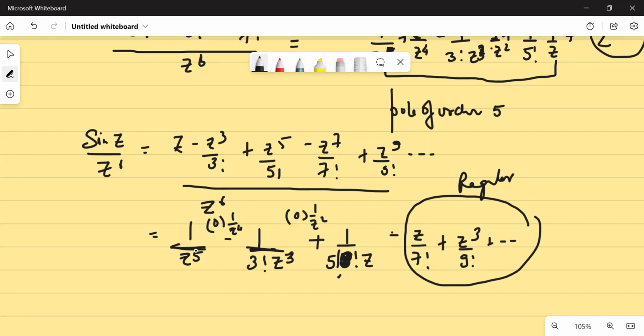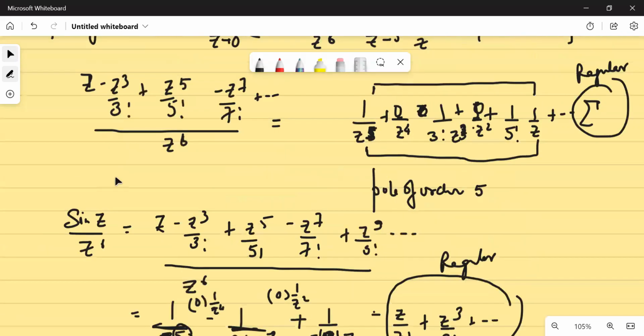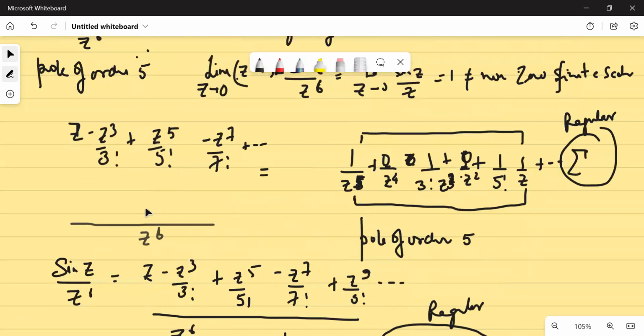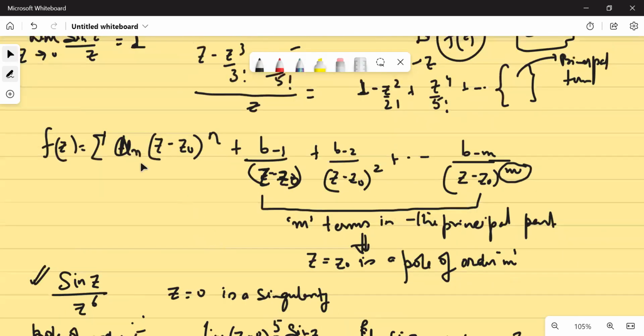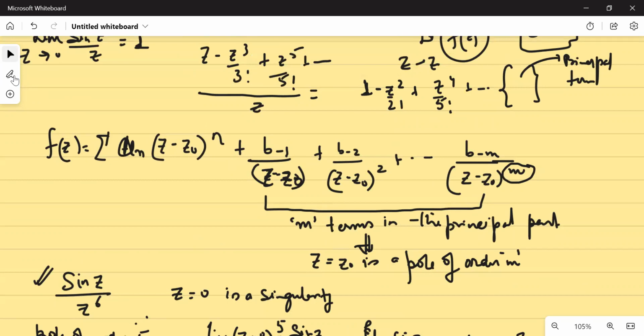Overall, always keep a focus on this particular power. The highest power that occurs in 1 over z would decide the order of the pole. So clearly see that if I was defining what is a pole of order m by writing a Laurent series expansion, I was writing a regular part.